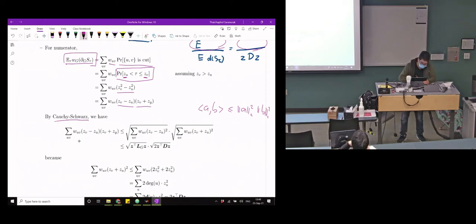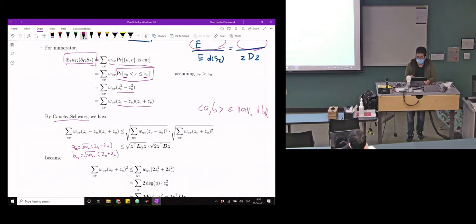A is going to be the square root of W, think of A_uv, and B_uv is the square root of the other term.